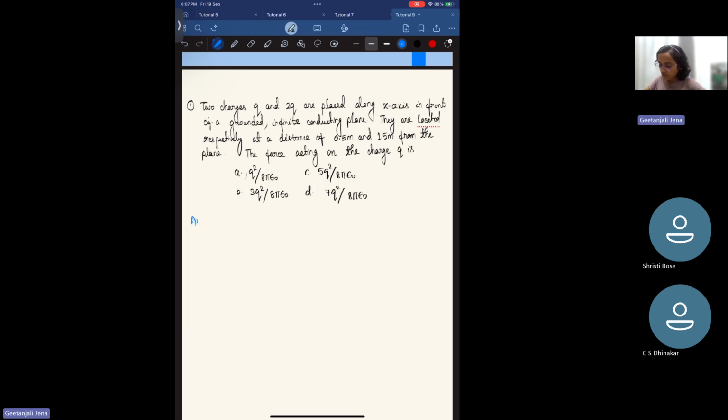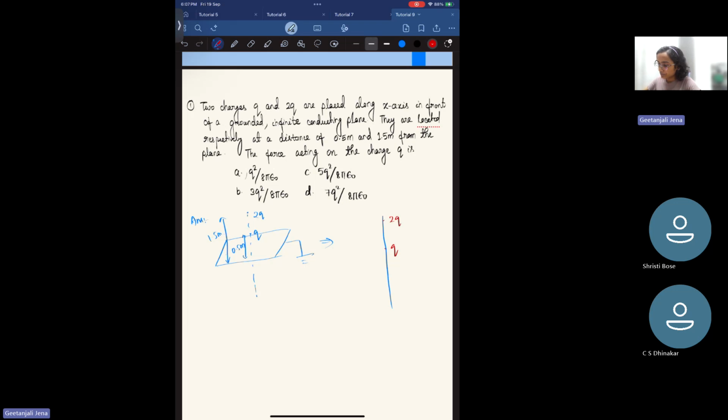You can easily see that we can use the method of images to solve this problem. Here we have a grounded conducting plane, and two charges placed along the x-axis. One is q, another is 2q. Q is at a distance of 0.5 meter, and 2q is at a distance of 1.5 meter. The trick is to replace the conducting plane by the image charges and the real charges.